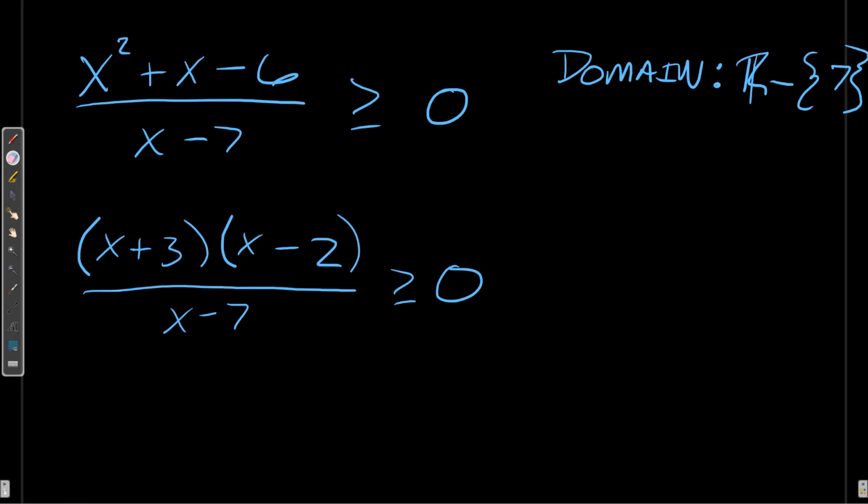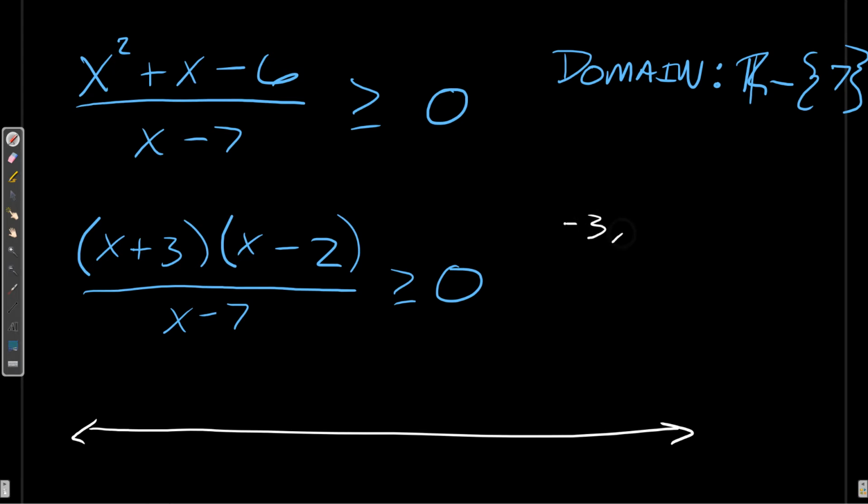So the best way to do this, and the way we'll need to do it all semester long, is to draw a number line. Draw a number line, and we will call each of these points -3, 2, and 7. This collection will be our partition points.